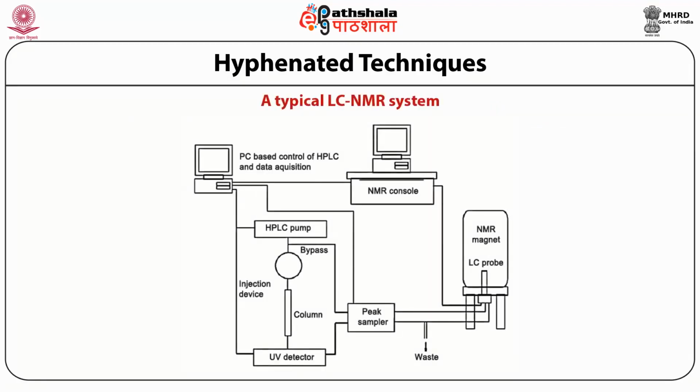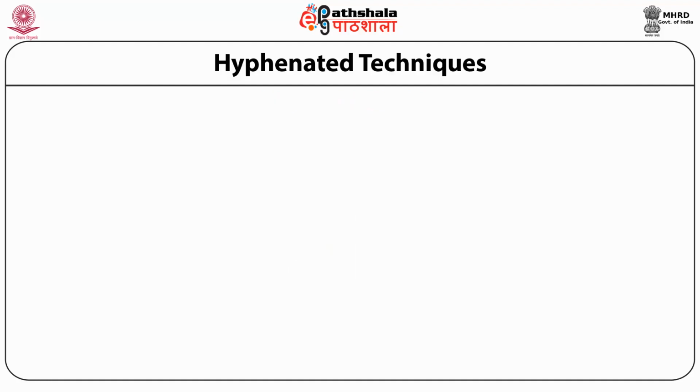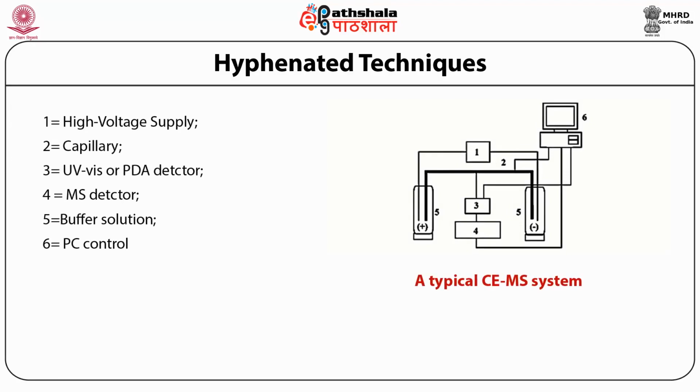This block diagram represents another hyphenated technique called LCNMR. Here the HPLC or the LC system remains the same, and NMR acts as its detector. This is another important hyphenated technique represented in the form of a block diagram: capillary electrophoresis mass.